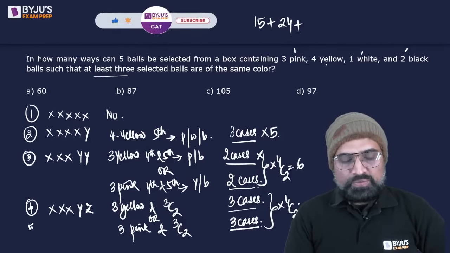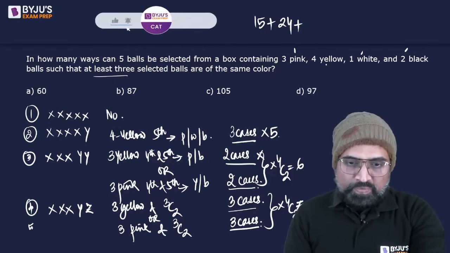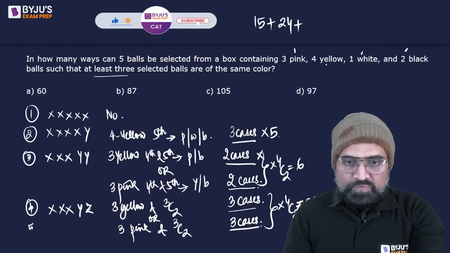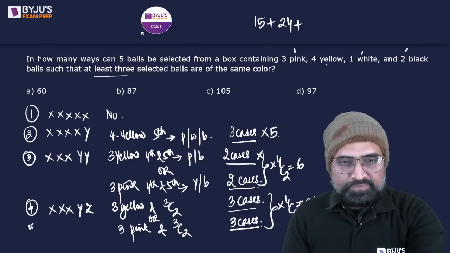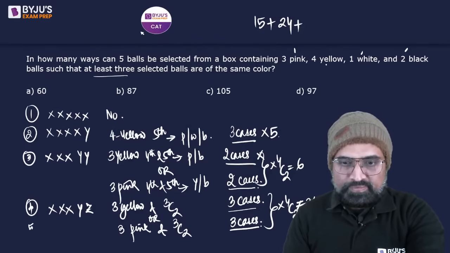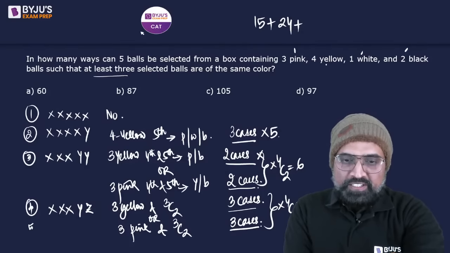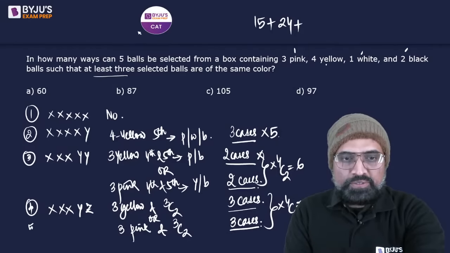C2. 36. First select 3 pink and select the other 2, and then second choose 3 yellow and then select the other 2.